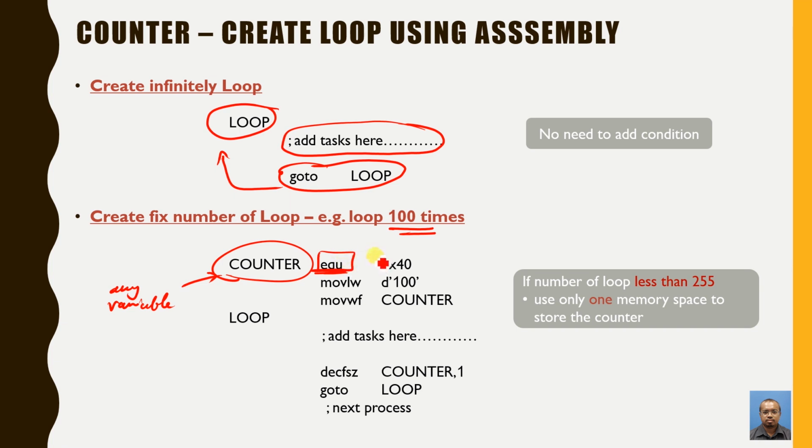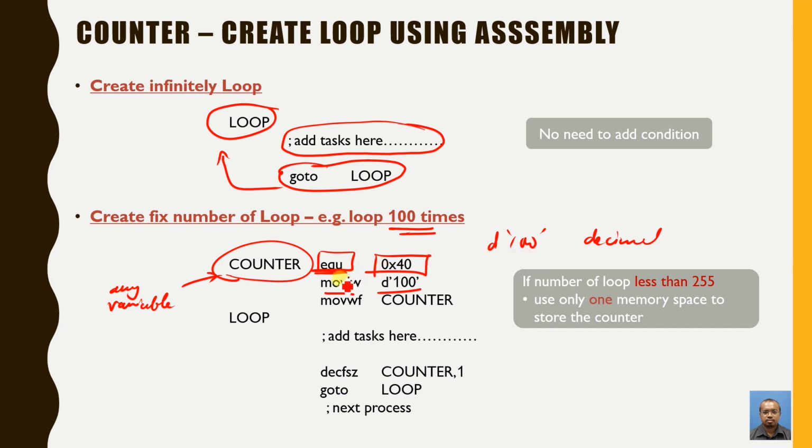So counter EQU 40H here means we use the memory or register available, and we name it counter. So what we do here, MOVLW D'100'. D'100' is a decimal number, meaning you want to loop 100 times.